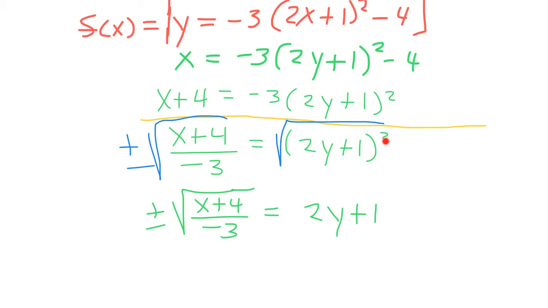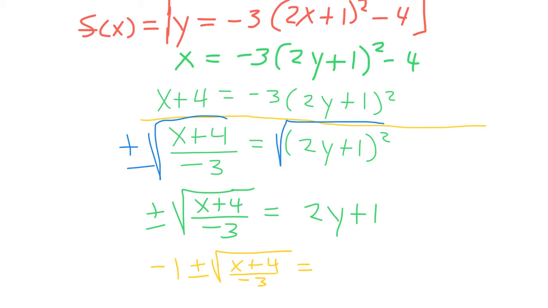And the reason is because this exponent of 2, when I did the square root of it, canceled out the exponent of 2, leaving only 2y plus 1 behind. So here it is. Then I'm going to subtract this 1 from both sides. I'm actually going to write that out front over here. So the final, well, not the final, we're getting close. It's negative 1 plus minus radical (x plus 4) all over negative 3.